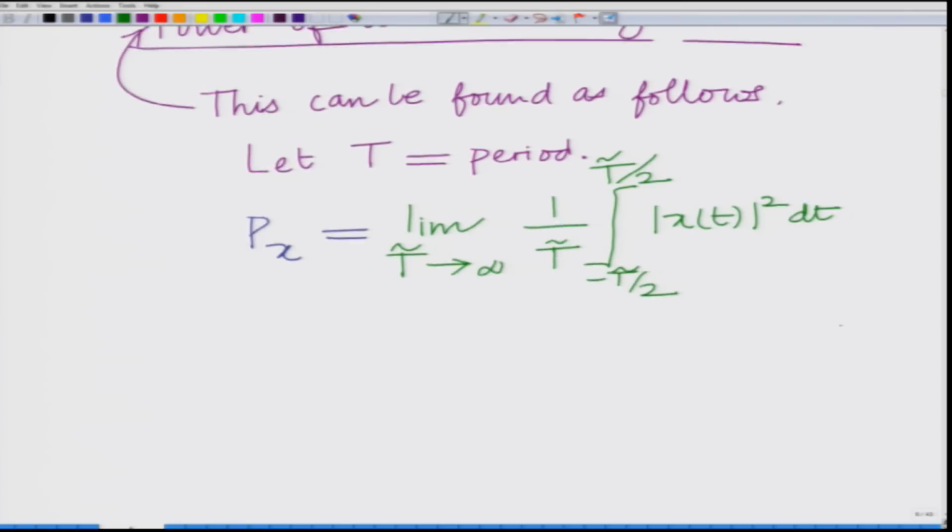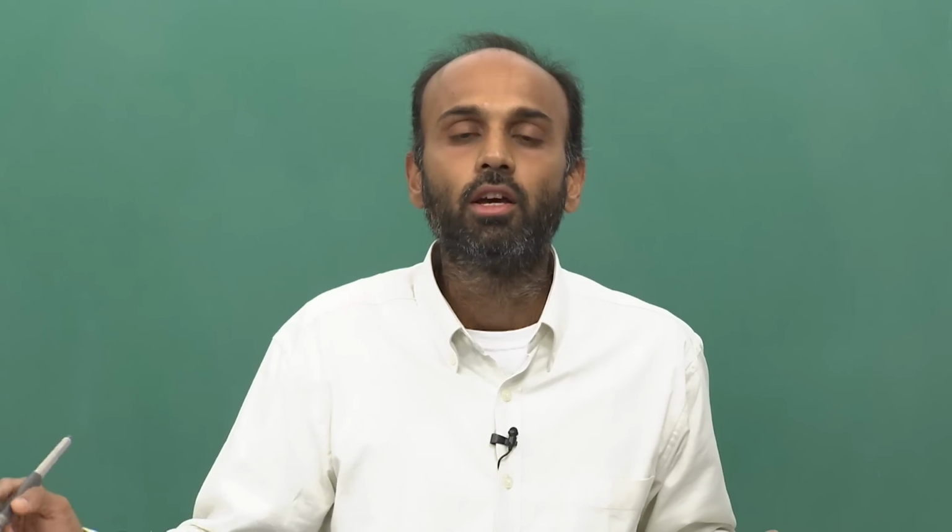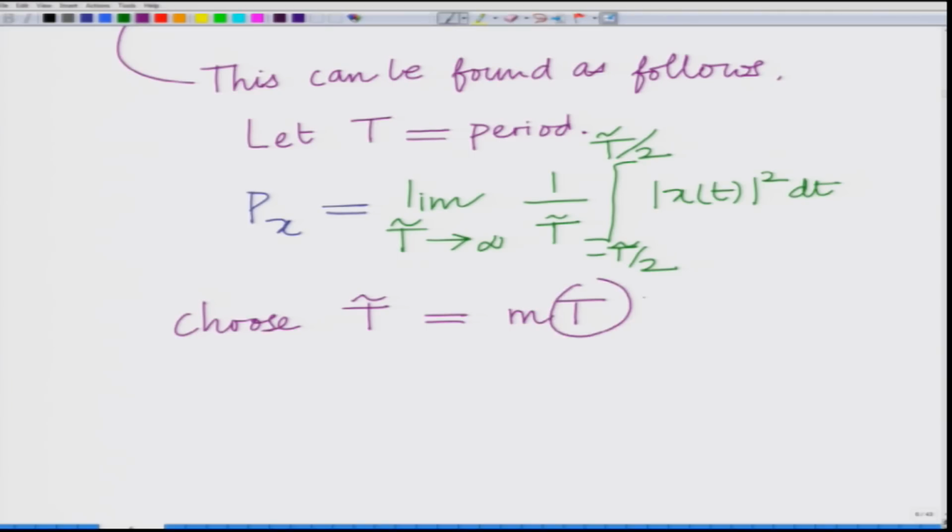Now, what we are going to do is choose t tilde equal to m times capital T. Naturally, as m tends to infinity, t tilde tends to infinity. So, instead of tending t tilde to infinity, we can equivalently tend this integer m to infinity. We are choosing t tilde to be an integer multiple m times T, where T is the period of the signal.